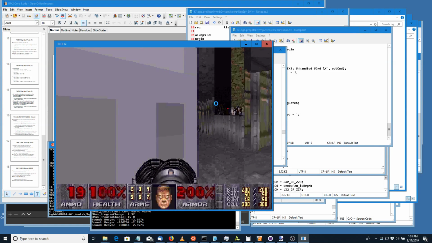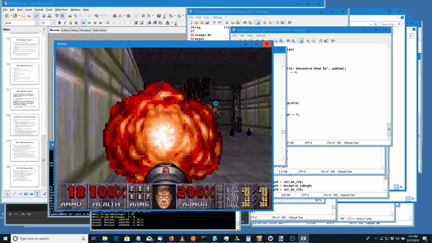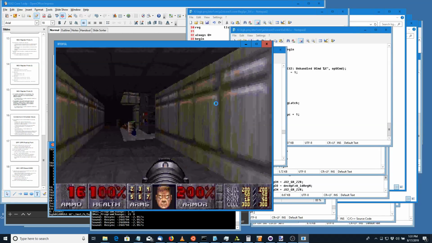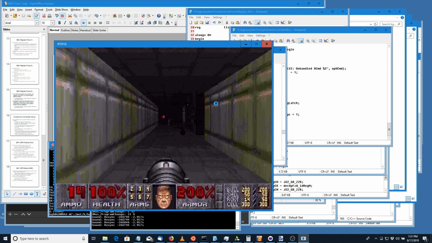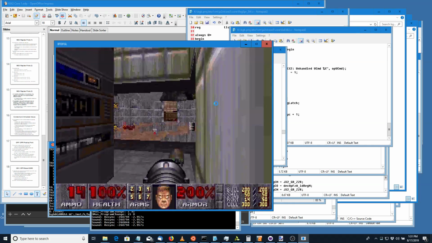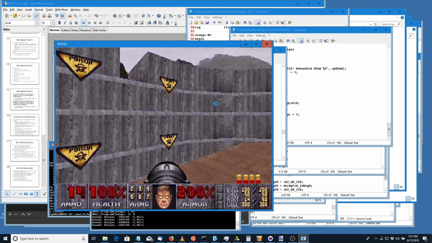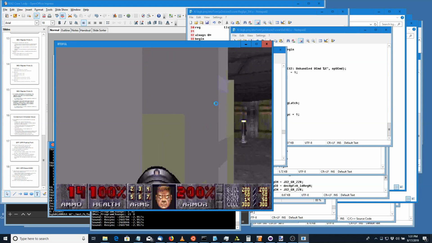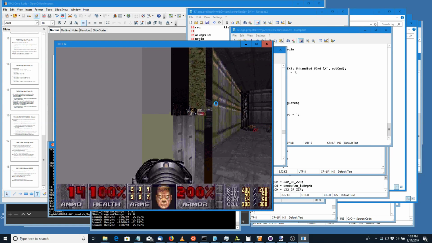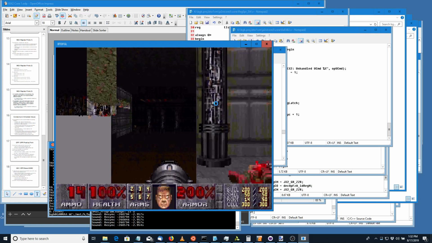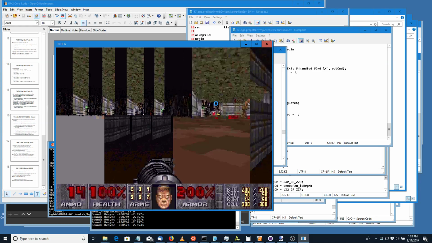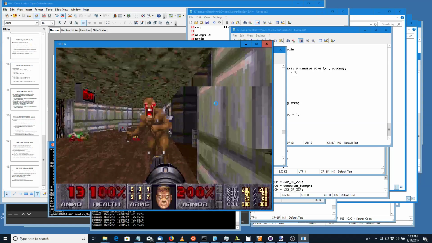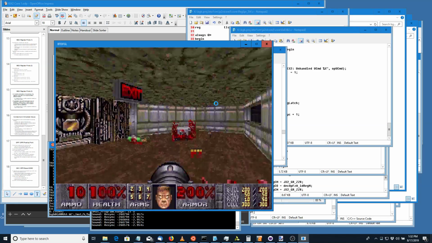Though the great irony is, with this, I still get a lot less of a performance difference between Doom and Quake than I would on actual vintage 386 and 486 PCs, because here Doom is slightly laggy and Quake is a little bit more laggy, whereas run that on a 486 and Doom is fast, but Quake is a slideshow, at least on a DX, which actually had a floating point unit.